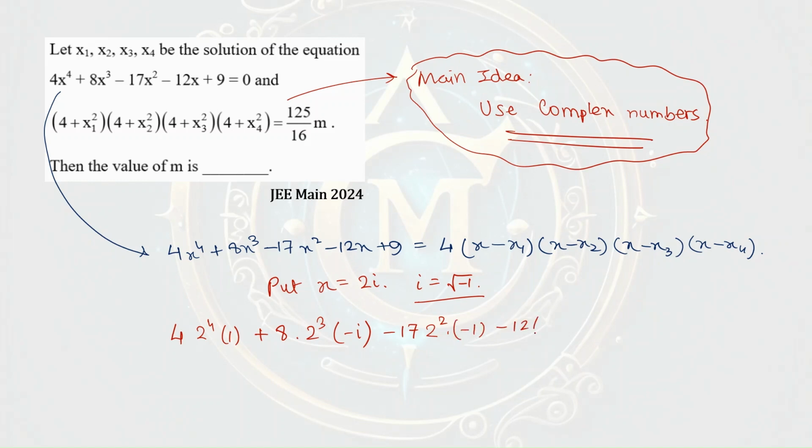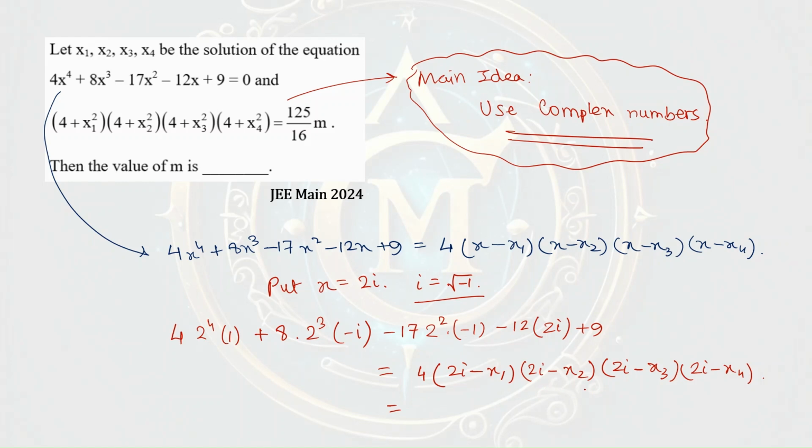Then minus 12 times 2 iota plus 9 equal to 4 times (2 iota minus x1), (2 iota minus x2), (2 iota minus x3), (2 iota minus x4).